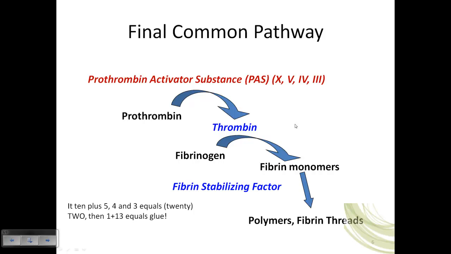But in my little rhyme, I emphasize the word 2, which is to say that prothrombin activator substance is going to activate factor 2, which is prothrombin, into active thrombin. Factor 1 is fibrinogen, and factor 13 is the fibrin stabilizing factor that cross-links the fibrin threads. That's what I mean by making glue, meaning the stable clot.